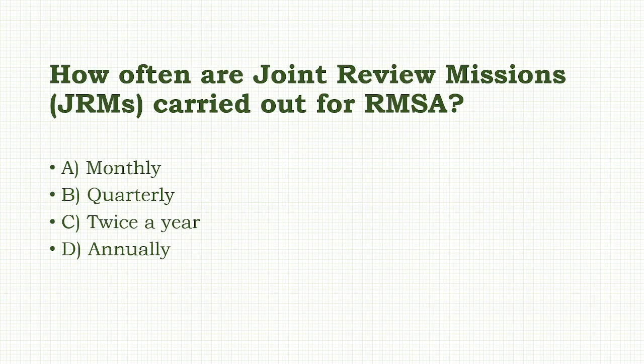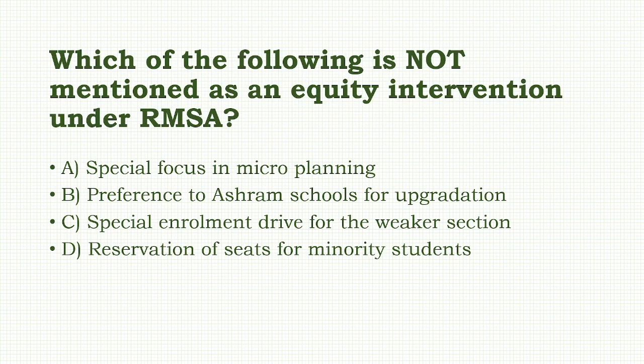How often are joint review missions carried out for RMSA? Option: monthly, quarterly, twice a year, annually. Answer of this question is option C, that is twice a year. Which of the following is not mentioned as an equity intervention under RMSA?